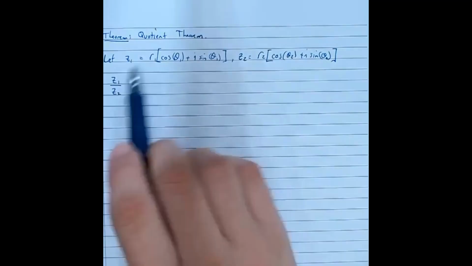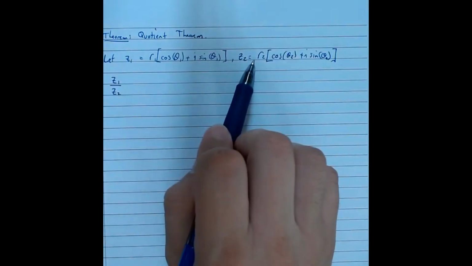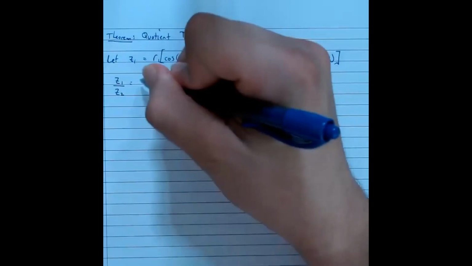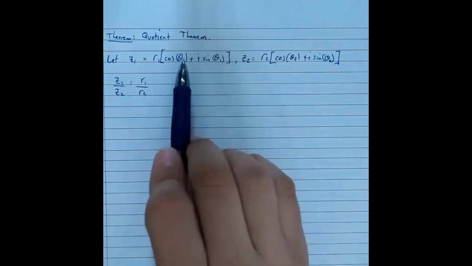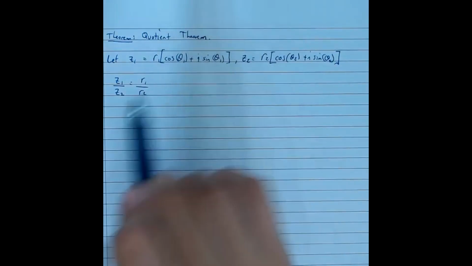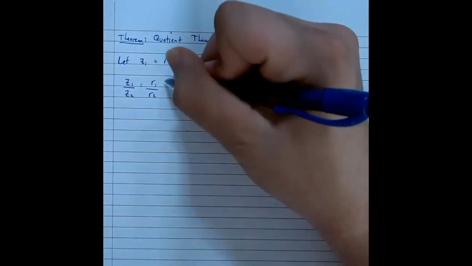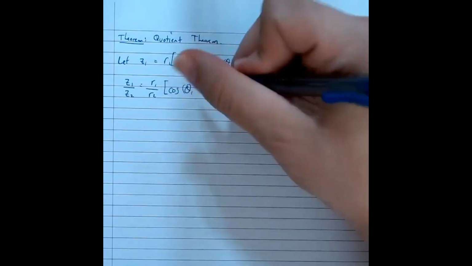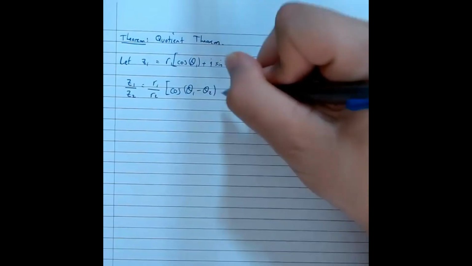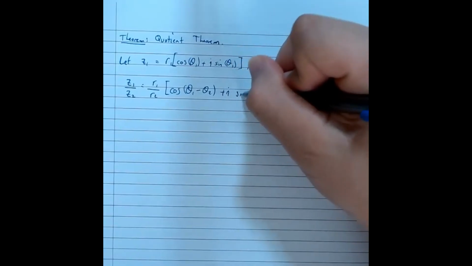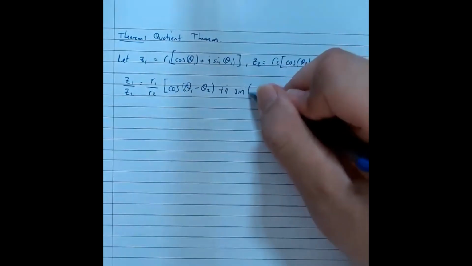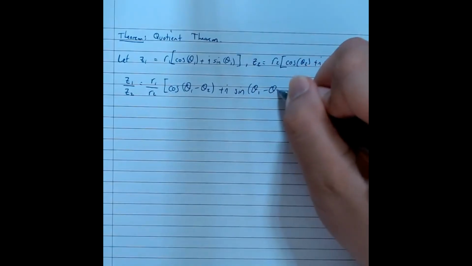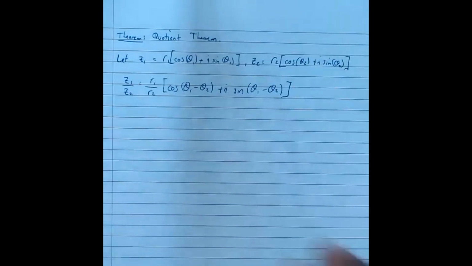To multiply these, I would multiply the two moduli, so let me divide the two moduli. And to multiply these, I would add the two arguments. So to divide, let me subtract the two arguments. So here that's going to be cosine of theta 1 minus theta 2 plus I sine of theta 1 minus theta 2. Just like that.